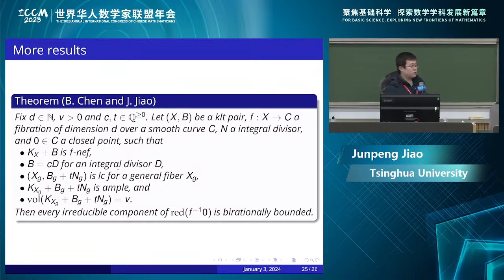It may even be non-reduced. This boundedness is about any fibration, not only the minimal fibration, that is, K_X plus B is f-nef. Although the central fiber may be non-reduced, the reduction is still birationally bounded.